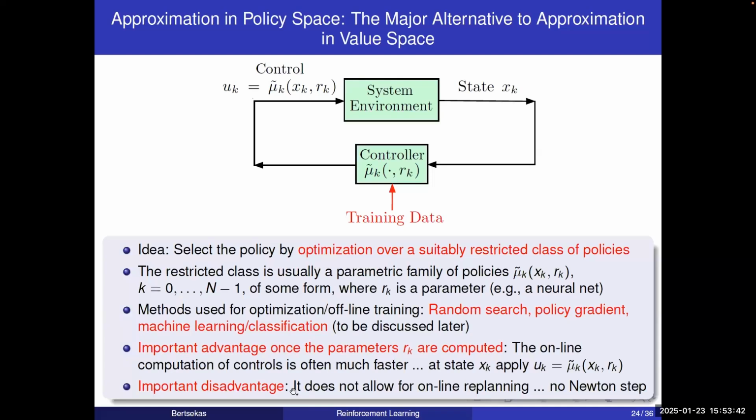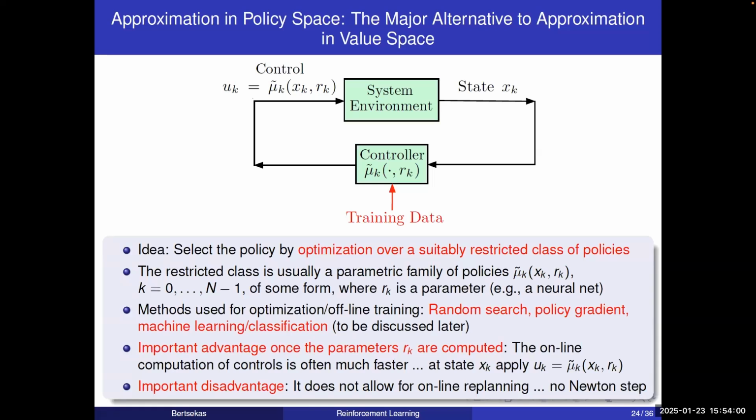Then you are in trouble. Whereas in some of the approximation in value space methods, it is possible to do online replanning, especially rollout type of methods. So this is one of the drawbacks of approximation in policy space.